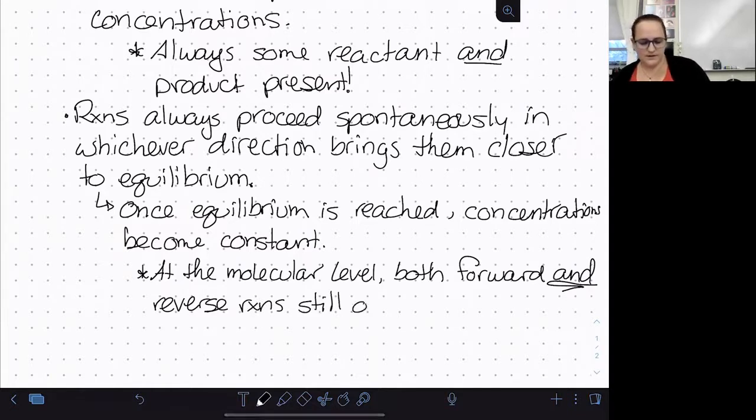For this reason, the state of equilibrium is often referred to as a dynamic equilibrium, because there is still stuff going on, it's not just that all the reaction stops, because that is not the case. Reactants are still becoming products and products are still becoming reactants. But what's special about equilibrium is that these two things are happening at the same rate.